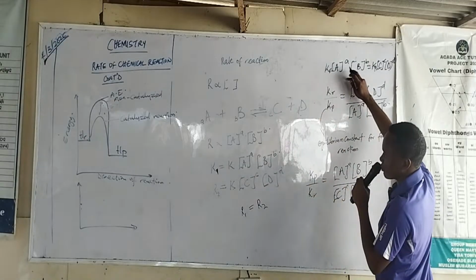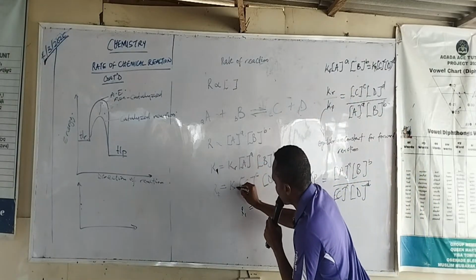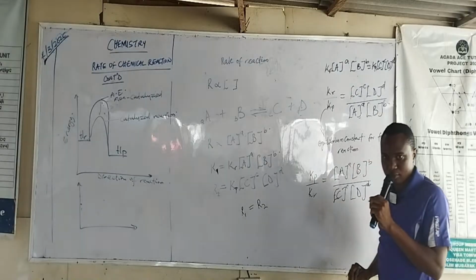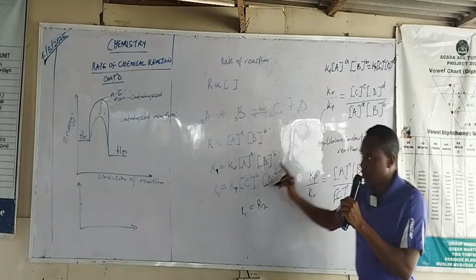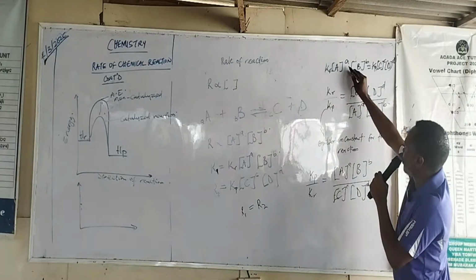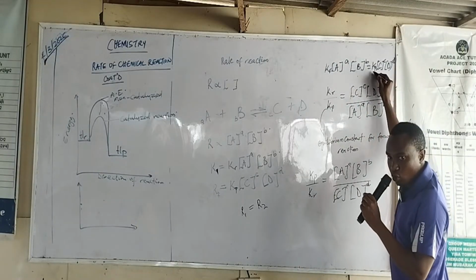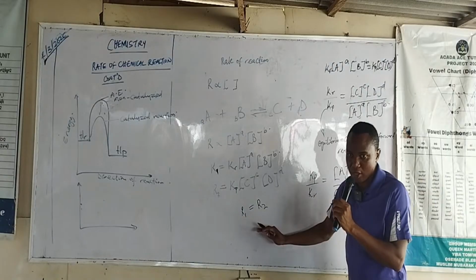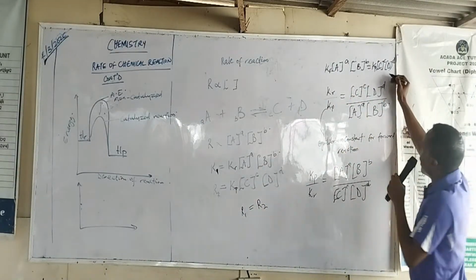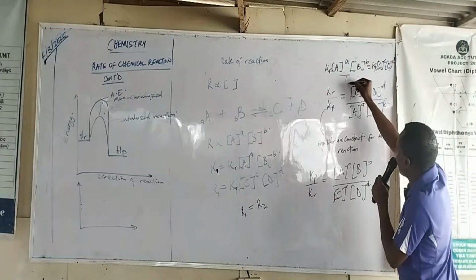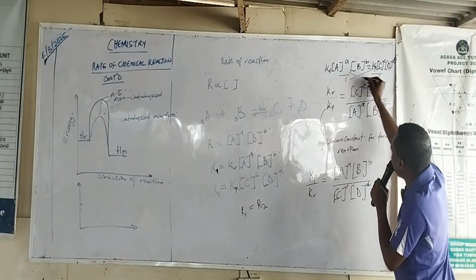This is KR times concentration of A, and this is in terms of the reactant. R2 is in terms of the product, KP times this. So KR A is equal to KP, because R1 is equal to R2.